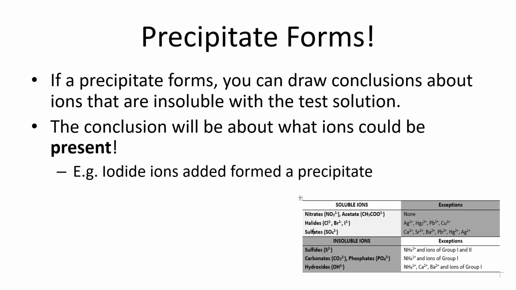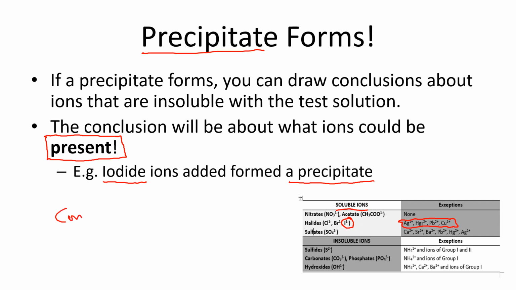Alrighty, so a few different conclusions you can come to depending on the results of your tests. First off, getting a precipitate always means that something in that solution formed an insoluble compound with what you added. And so you can always make conclusions that identify possibilities for what might be present. So here's an example. If I add some iodide ions and we got a precipitate, well, I know that iodide doesn't precipitate with most things, only with these, right?